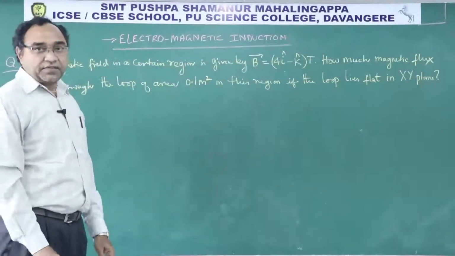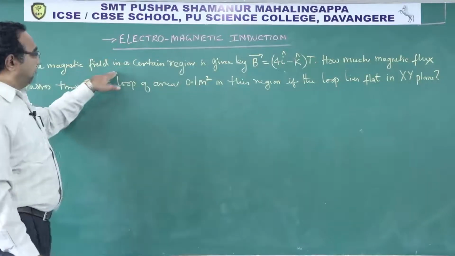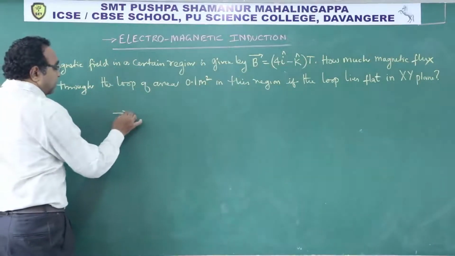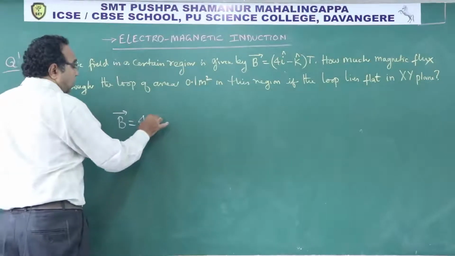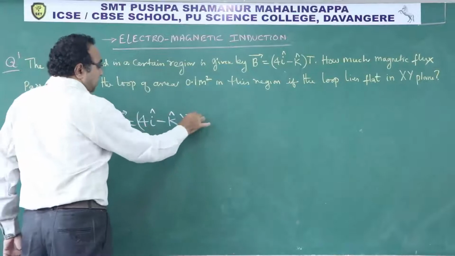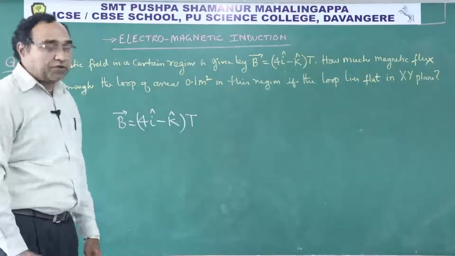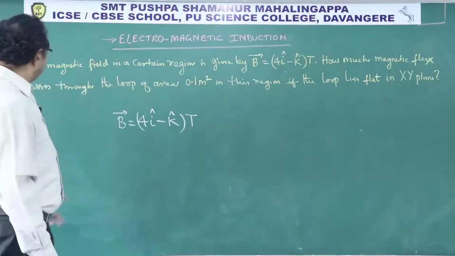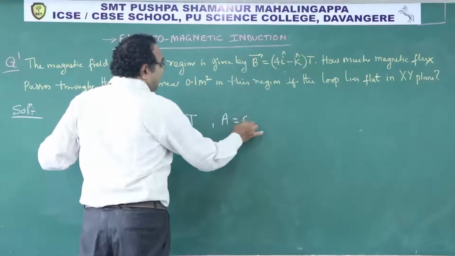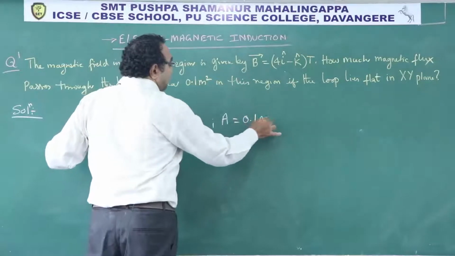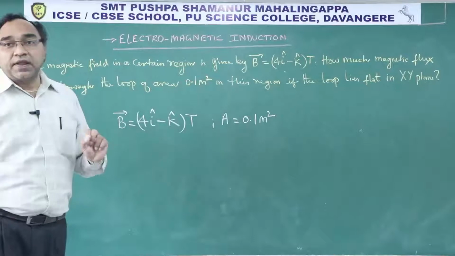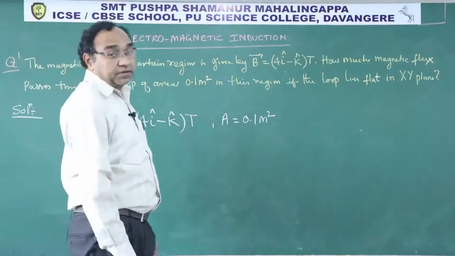The next question is like this. The magnetic field in a certain region is given by B equals 4i minus k cap Tesla. This B is given in terms of unit vectors. How much magnetic flux passes through a loop of area 0.1 square meter in this region, if the loop lies flat in the XY plane?